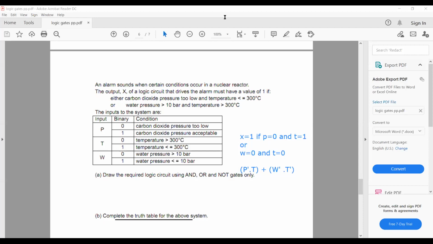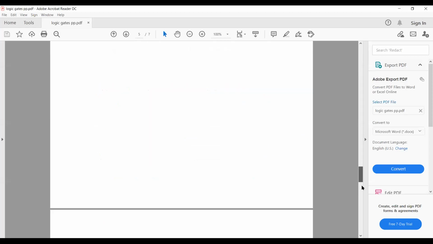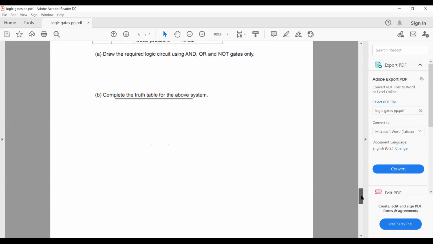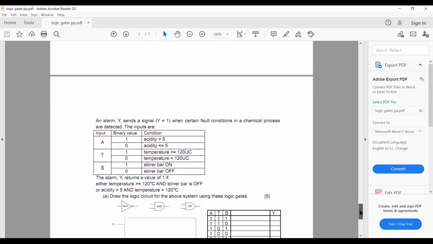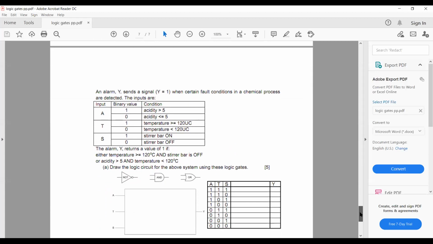I'm giving another question. I'll give you small time. You can do it. First, you try to figure out the expression. Then you can draw the circuit or the truth table without any problem. Try to figure out the expression and send me through the chat.